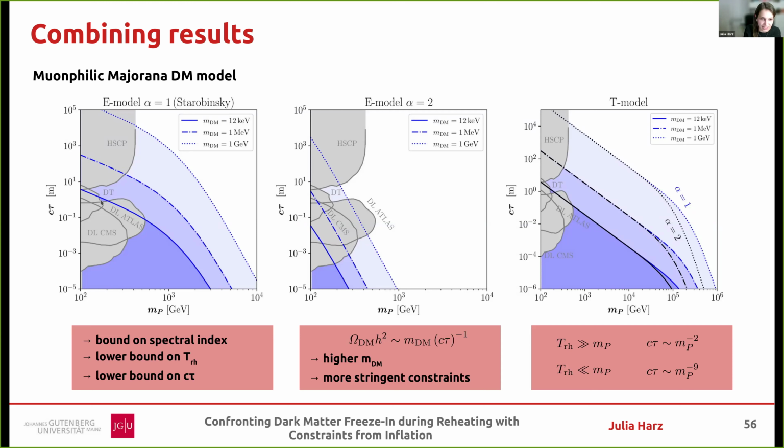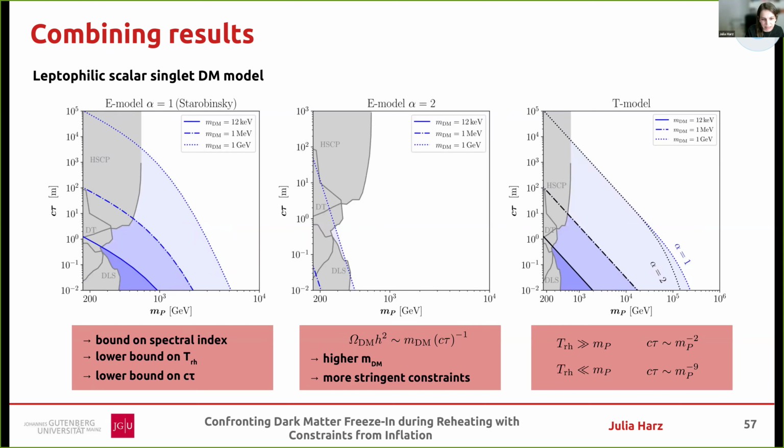If you have a certain inflationary model that gives you this reheating temperature, you even have stronger constraints for larger dark matter masses than the collider can give you at the moment. The same you can do also for the scalar singlet model, but you see here the constraints are a little bit less stringent, in particular here in the middle.